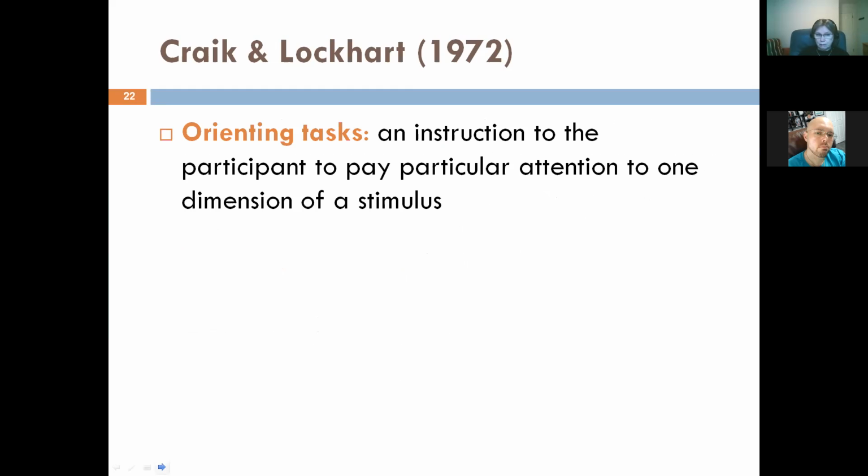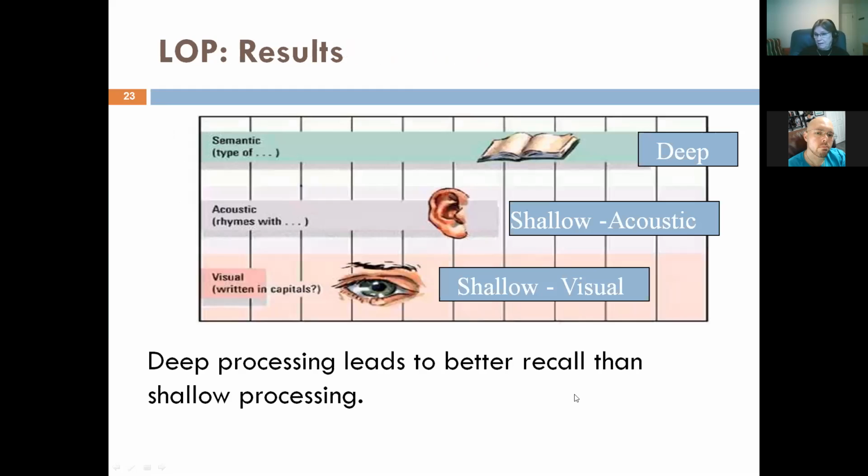Okay, instruction or orienting task or coding. It's all the same. And this is what they found. If you start with shallow visual processing written in caps, your memory is whatever, 12%.